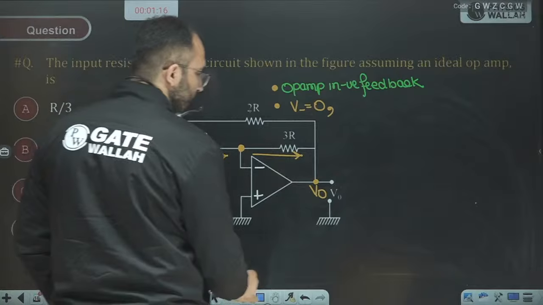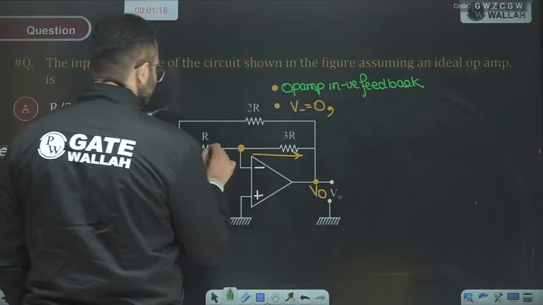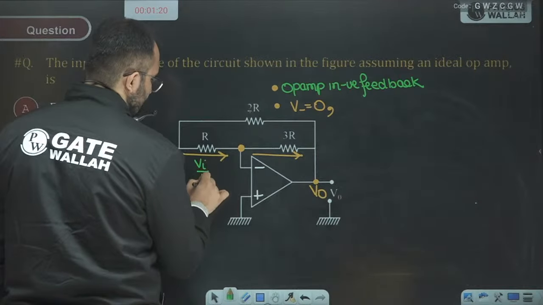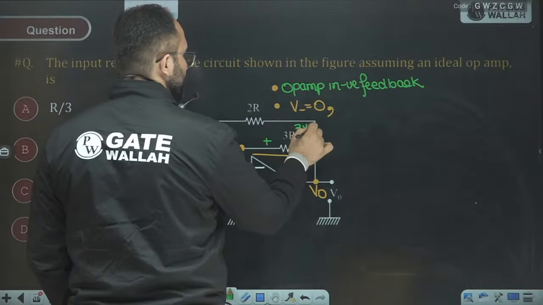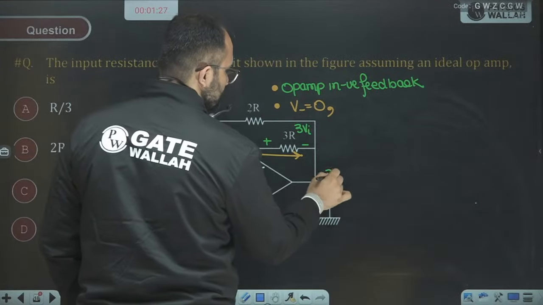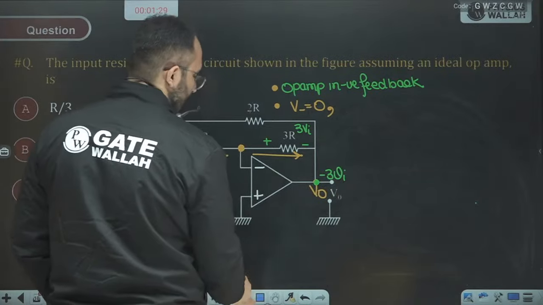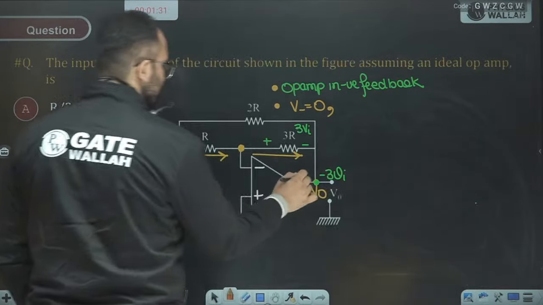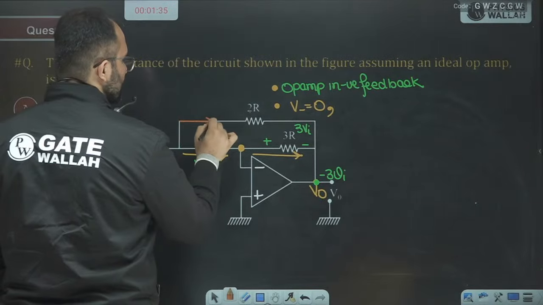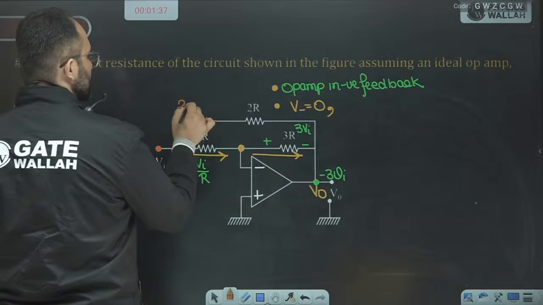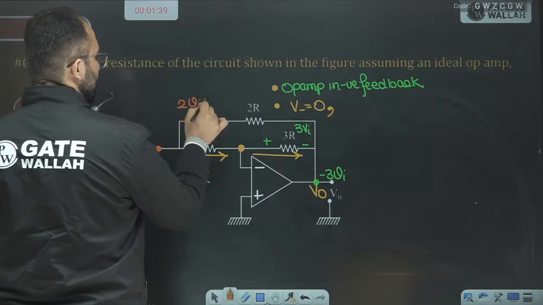The current here is VI upon R. The same current will go here, so this will be a 3 VI drop, and the voltage here will be minus 3 VI. The voltage here is VI and this is minus 3 VI, so the voltage drop will be 4 VI.